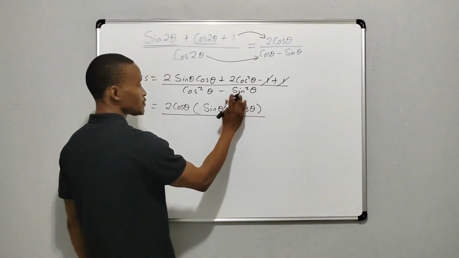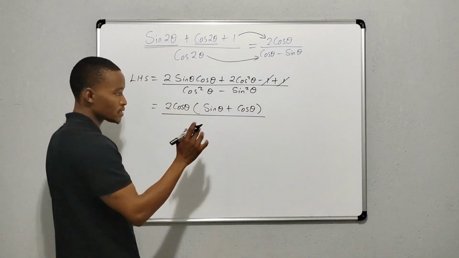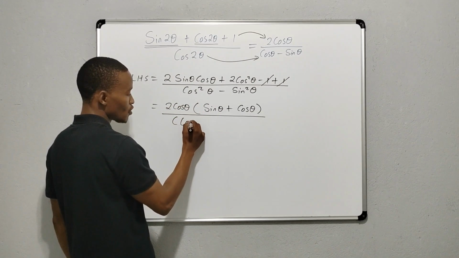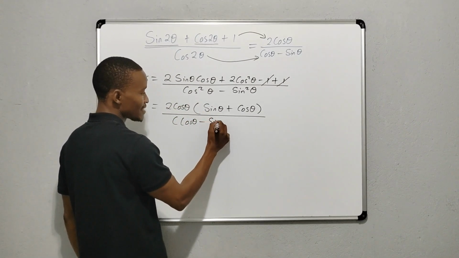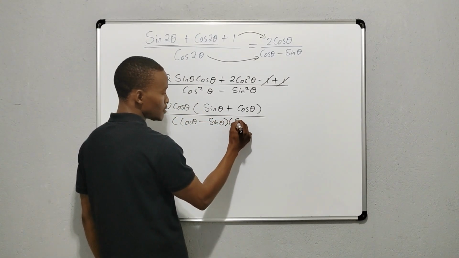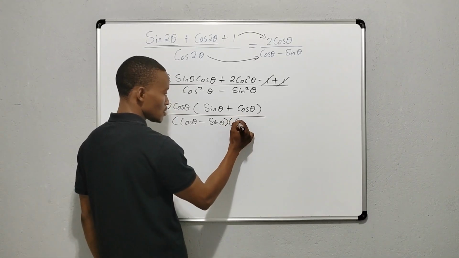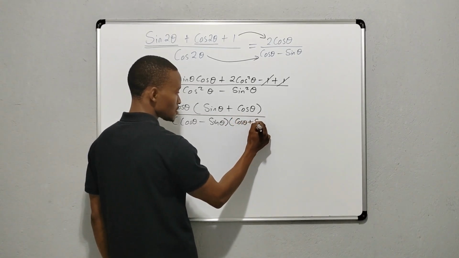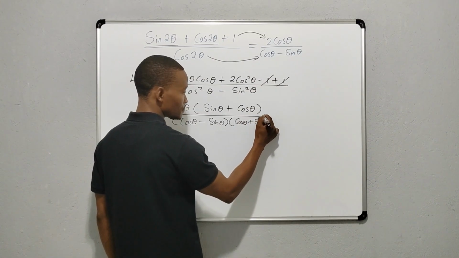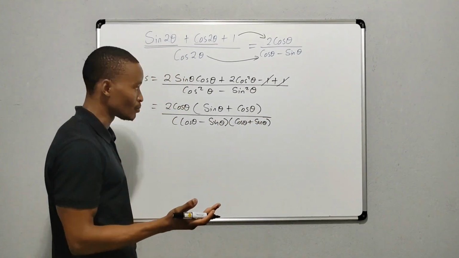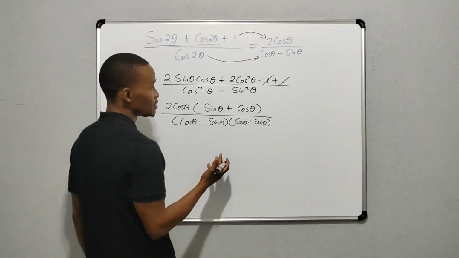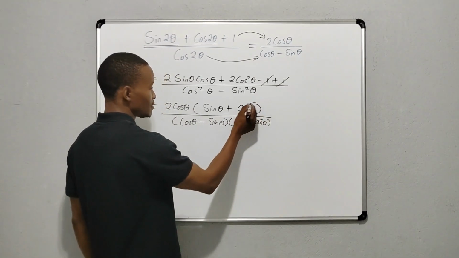over the difference of 2 squares factorized into cos theta minus sine theta. Sorry, this becomes a cos theta plus a sine theta. Now, the light bulb moment. Now we see what happened to this guy, right?